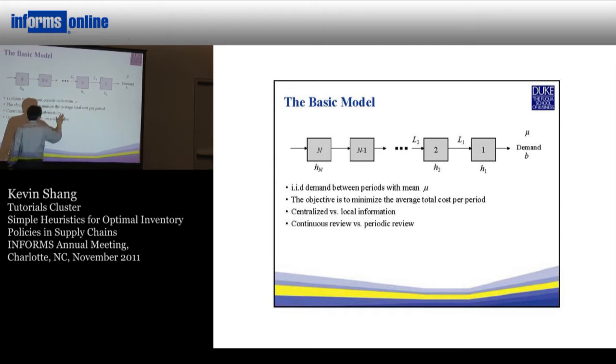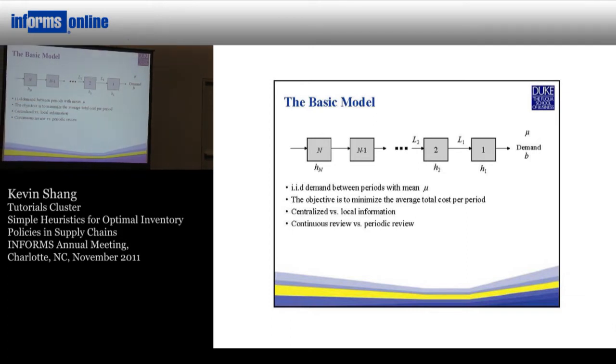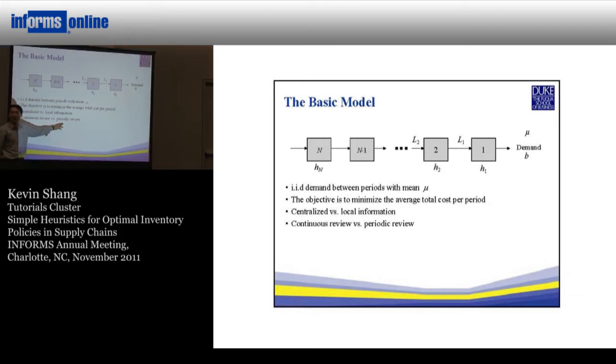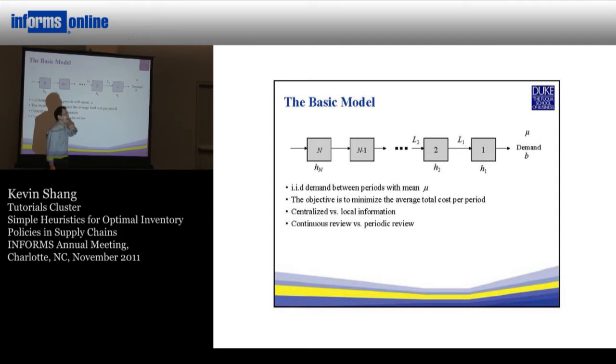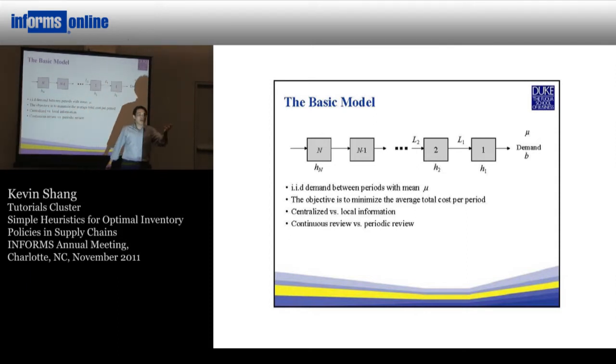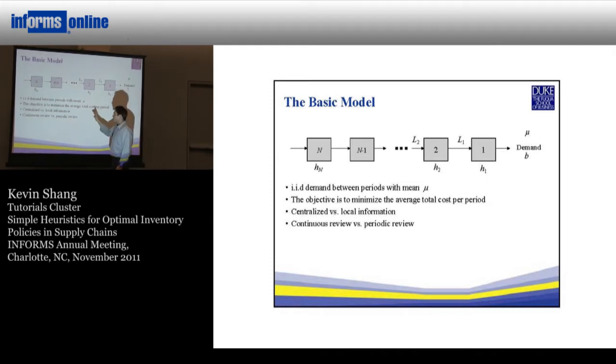But there is another replenishment practice called the periodic review system, which is very commonly seen, in the sense that you can think of a schedule, or an MRP system. They always replenish orders according to time, okay? This is a system that I'm going to focus on as well. So in this talk, I will talk about both of them.